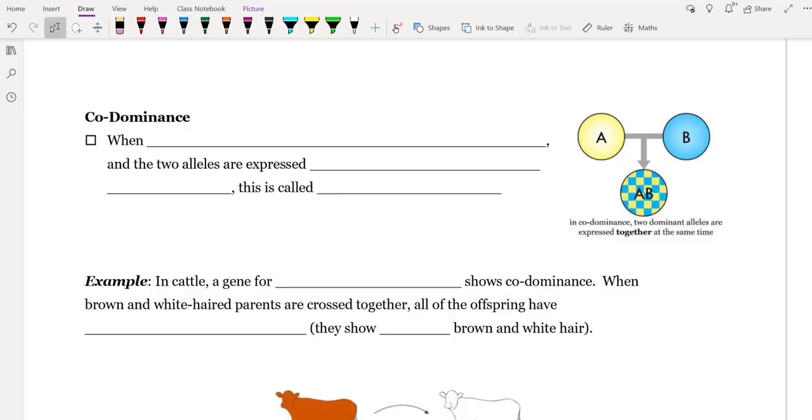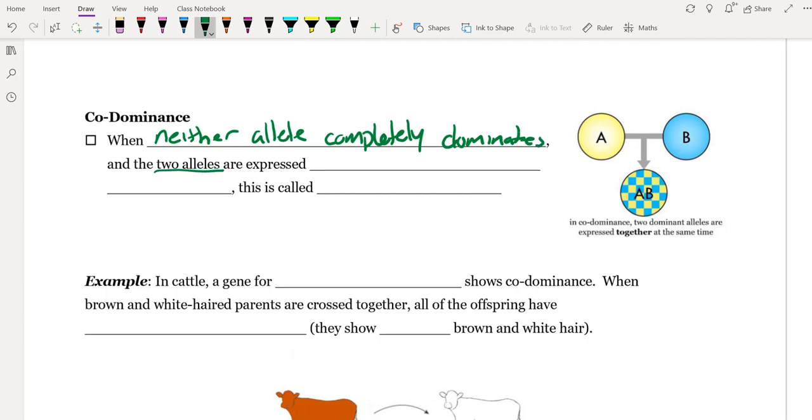Another type of inheritance is called codominance. This is when neither allele completely dominates, and the two alleles are expressed together at the same time.